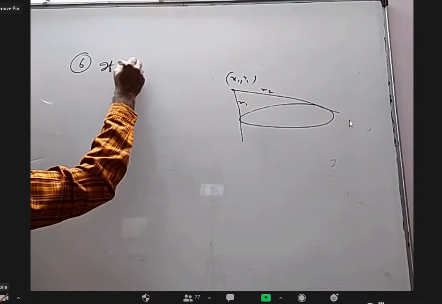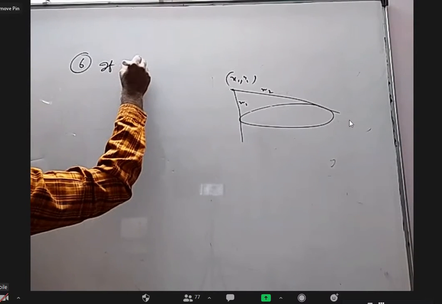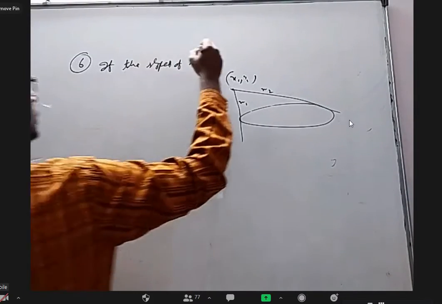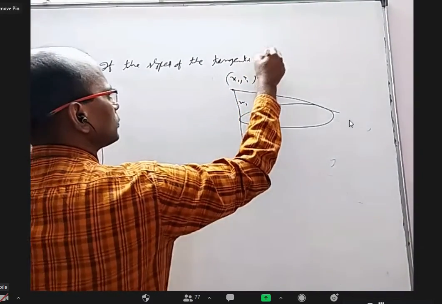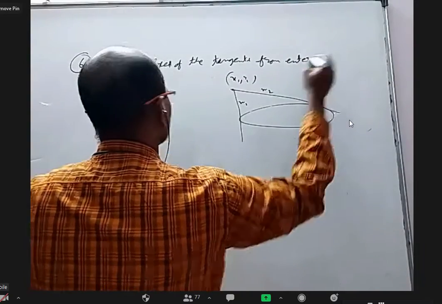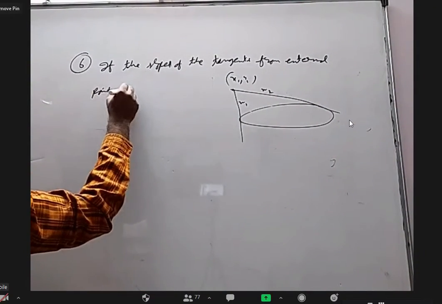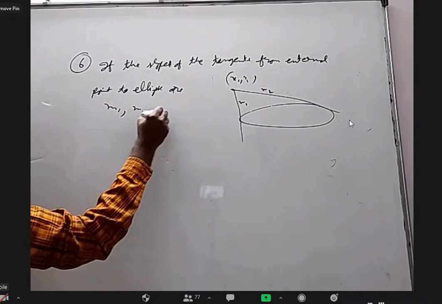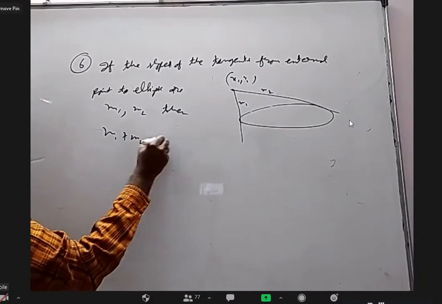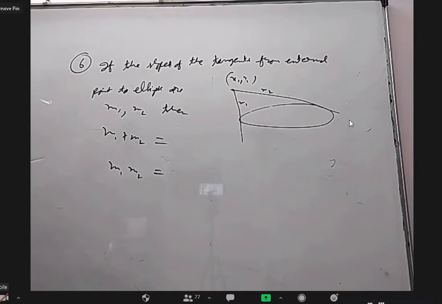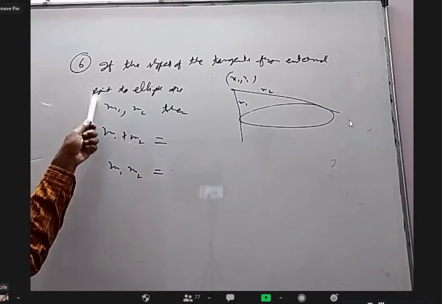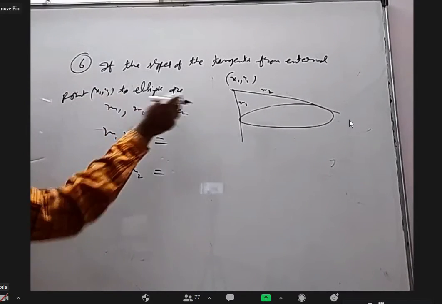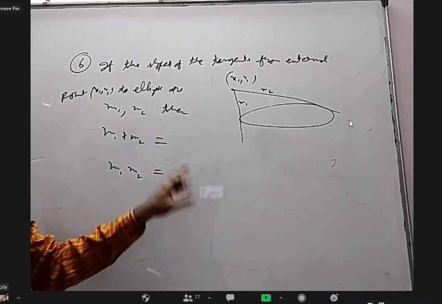If the slopes of the tangent from external point x1, y1 to the ellipse are m1 and m2, then m1 plus m2 is something, m1 into m2 is something. We are going to find what it is.